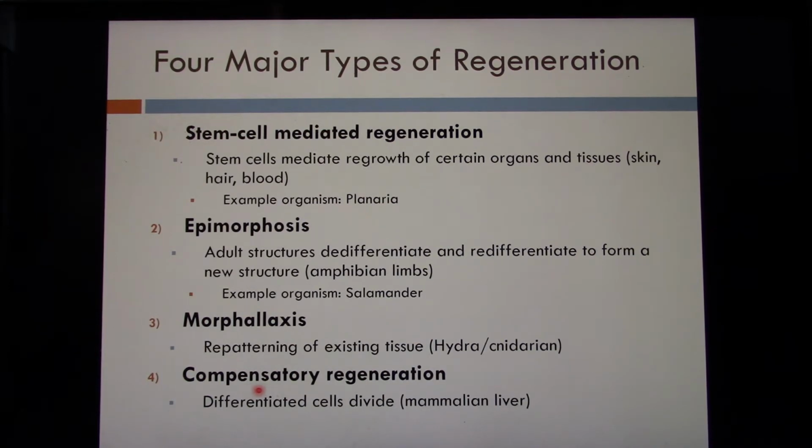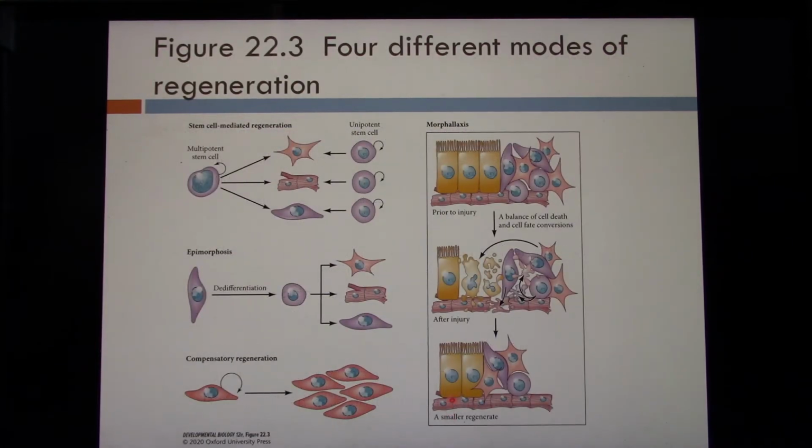And fourth, compensatory regeneration. This is where differentiated cells divide, and our example tissue is the mammalian liver. There are pictures of the 4 different types of regeneration that I'll be showing to remind you of them as we go along with the different examples.